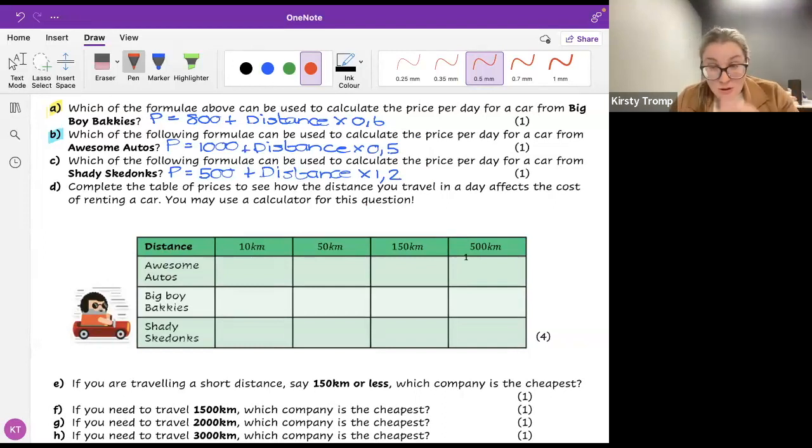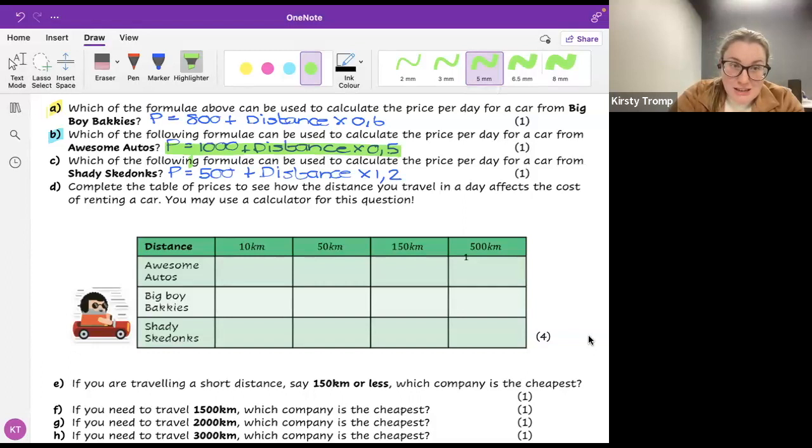I'm going to do the first one with you guys. So if we're looking at Awesome Autos, here is my formula. Each time I'm going to say 1,000 plus the distance that we're traveling times by 0,5.